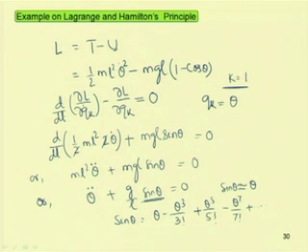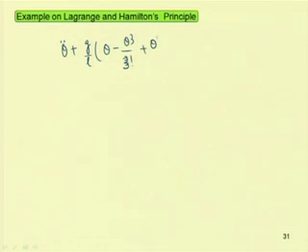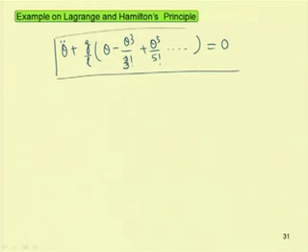So, the resulting equation becomes θ̈ plus g by L into theta minus theta cubed by factorial 3 plus theta to the power 5 by factorial 5, and one can go on adding these terms, equal to 0. So, this is the nonlinear equation of motion for the simple pendulum we have derived using Lagrange principle.